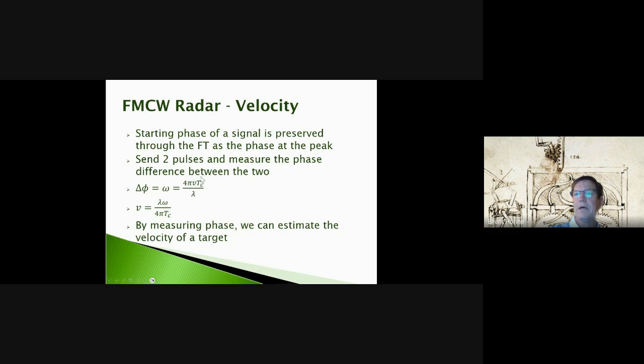We still have this length of the time of the chirp, but with that velocity, we can rearrange this equation and come up with a measurement of the velocity based upon this change in phase between two successive pulses, where these pulses are spaced at approximately TC.